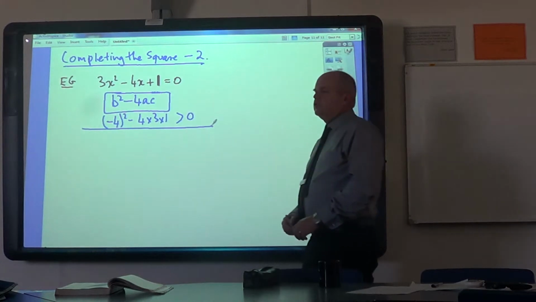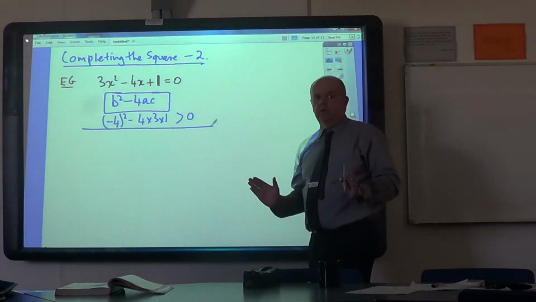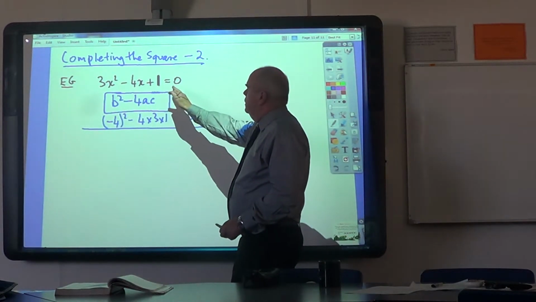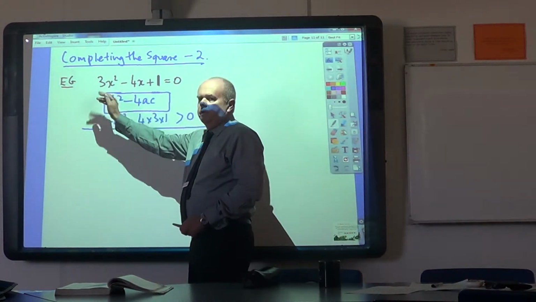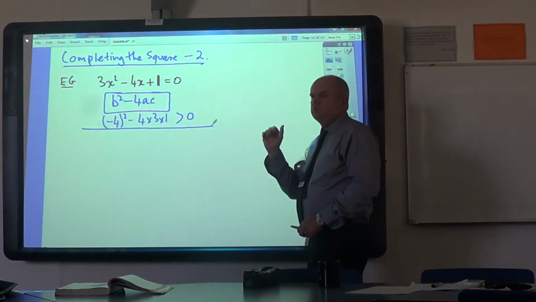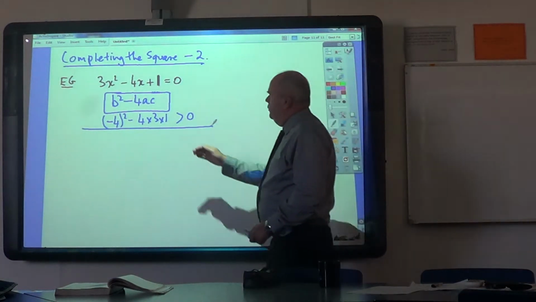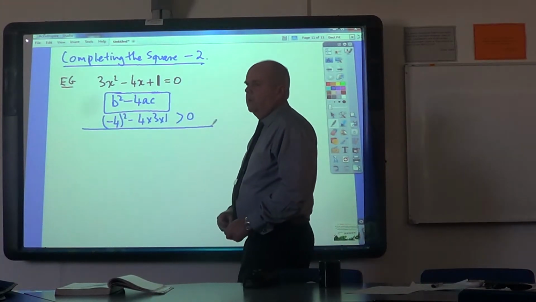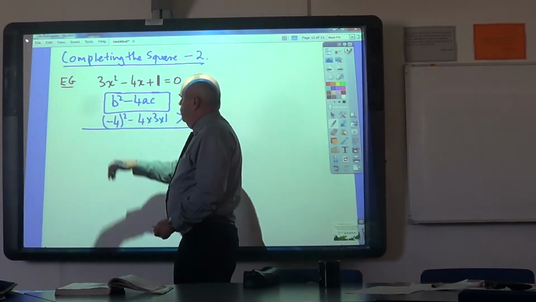Now, when the coefficient of x squared is not 1, there's something you've got to do beforehand, and that is divide the equation through by the coefficient of x squared. That's what makes these ones a little bit messy. Because we need it to be 1x squared.